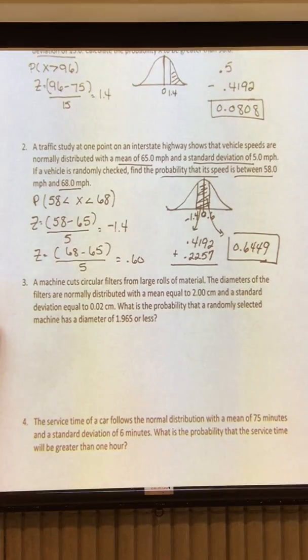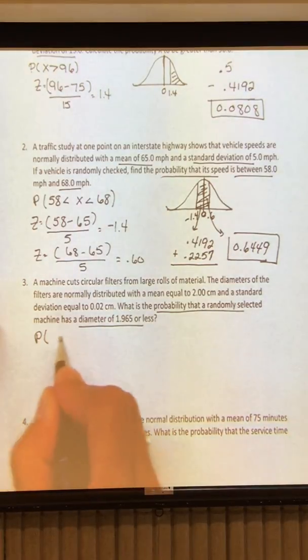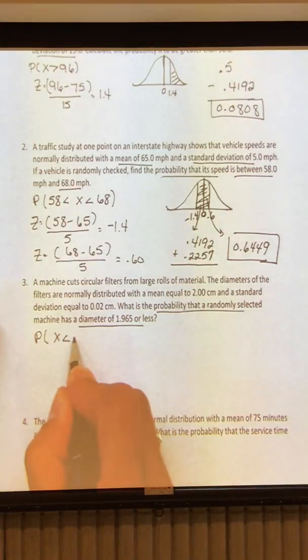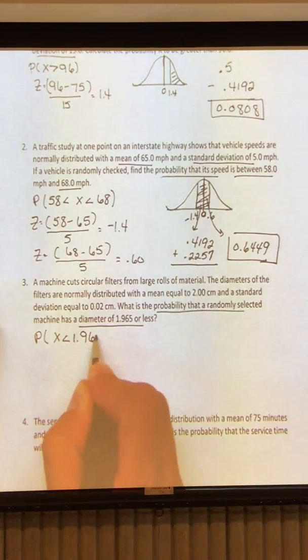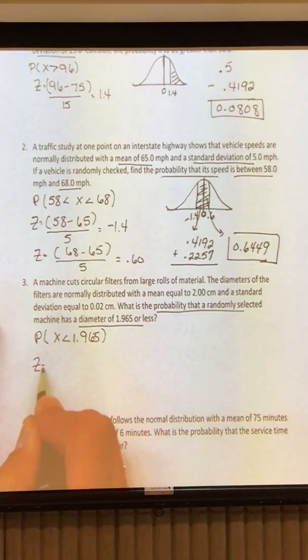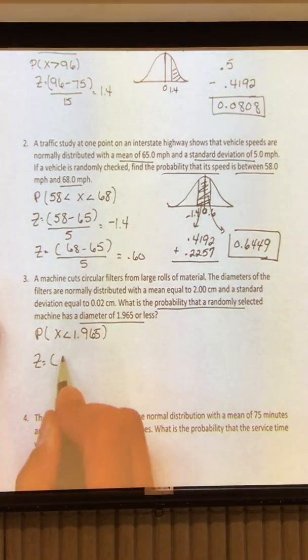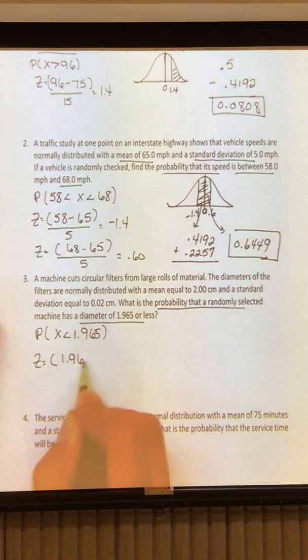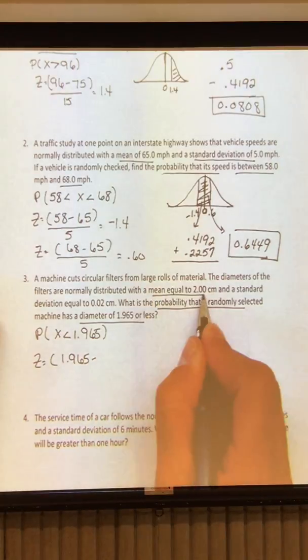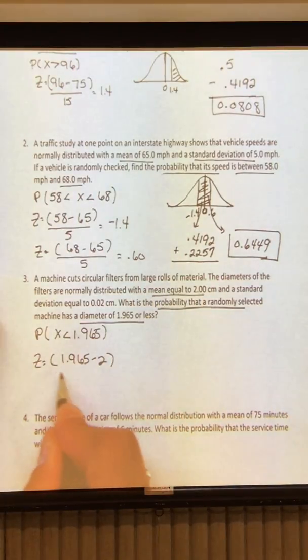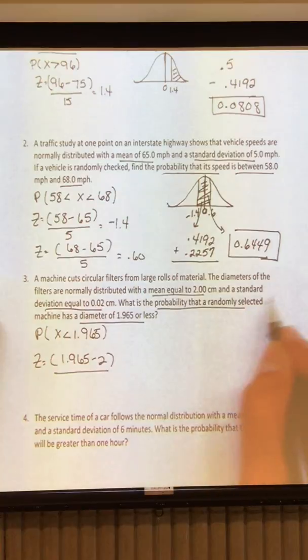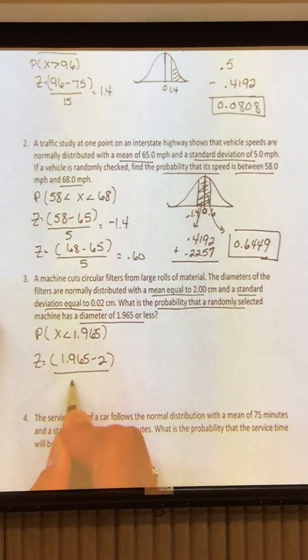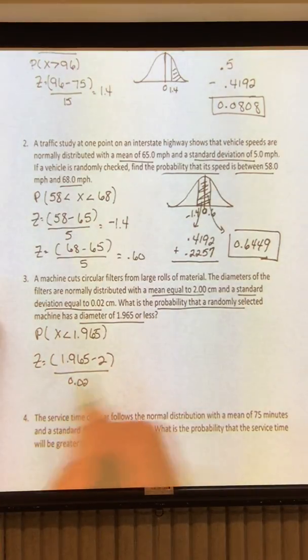Number 3, find the probability that the machine has a diameter of 1.965 or less. So the probability that x is less than 1.965, calculating the z-score, you have 1.965 minus the mean of 2 divided by the standard deviation, and that is 0.02.